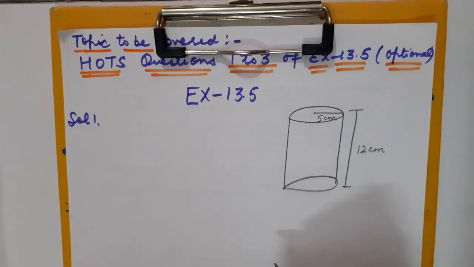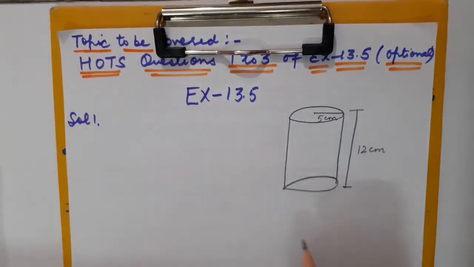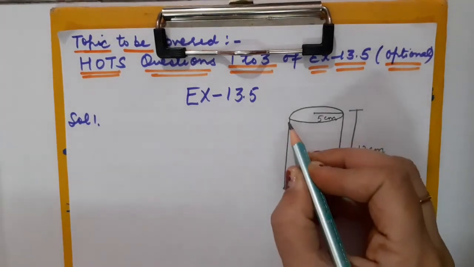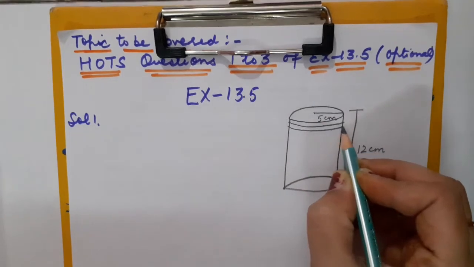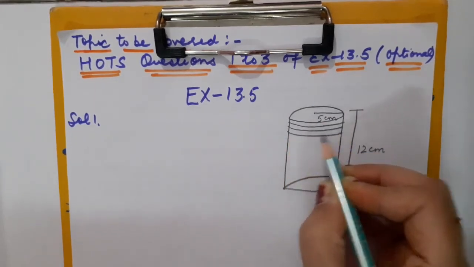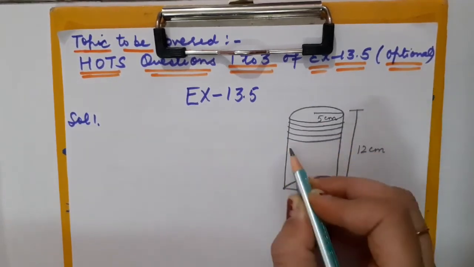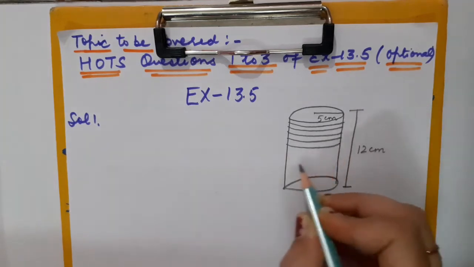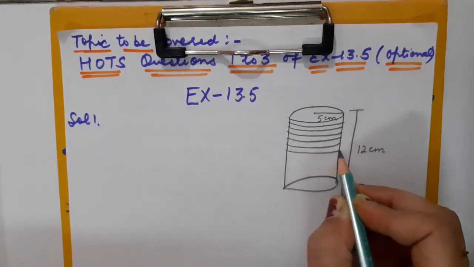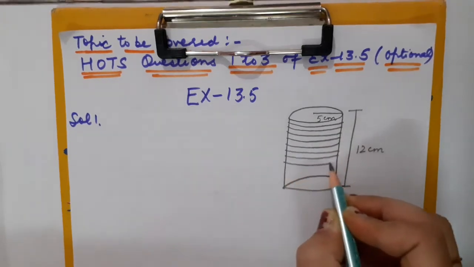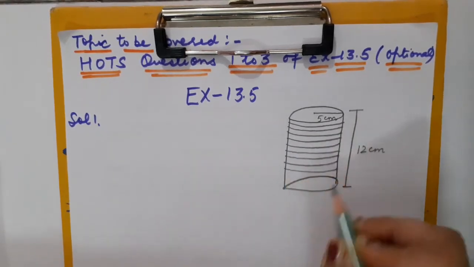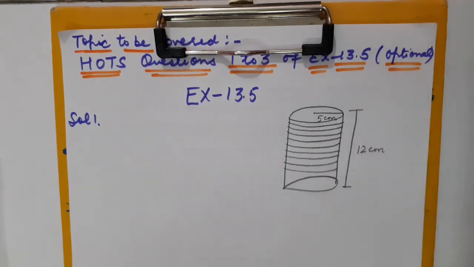So as to cover the curved surface area of the cylinder. Children, the copper wire is also cylindrical in shape, and when it is wound around the cylinder, it is going to cover the curved surface part of the cylinder. So you know that this is the curved surface part. Fine. So here I am just going to draw a copper wire. Clear?